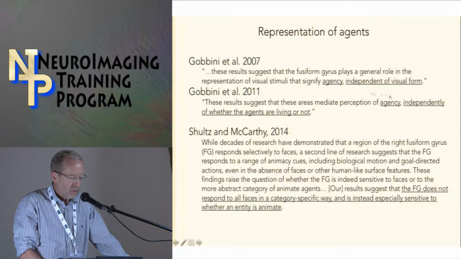So Gobbini proposed that in 2007, but then in a later paper where she had people looking at robots and found the same type of distinction, she says it's the representation of agency, independently of whether the agent is living or not. So it can be agency in non-living robots. And Schultz and McCarthy come to similar conclusions in their paper.